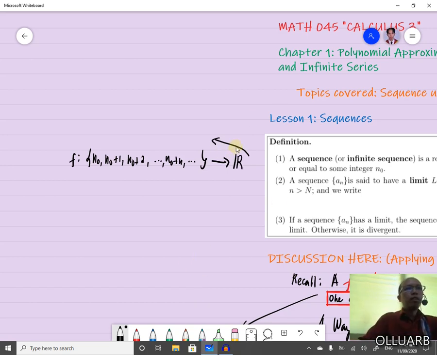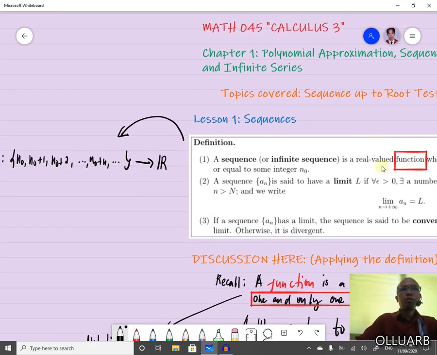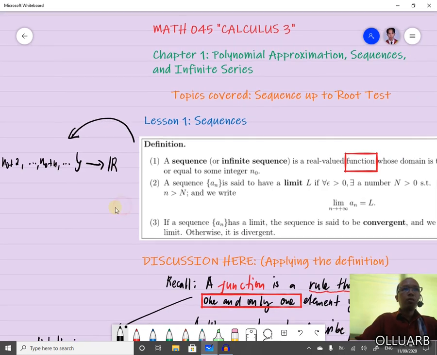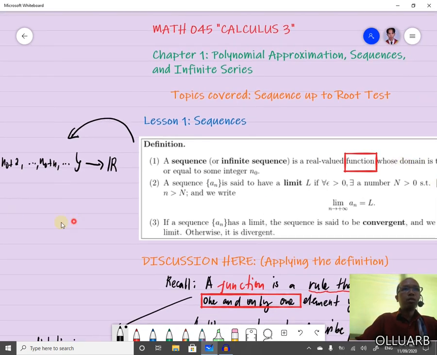Why? This is because it is a real valued function. As you can see here, it is a real valued function whose domain.